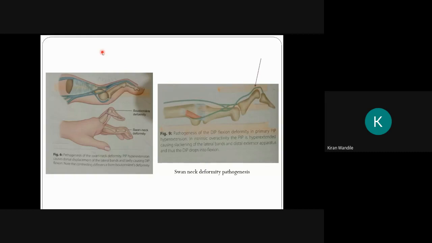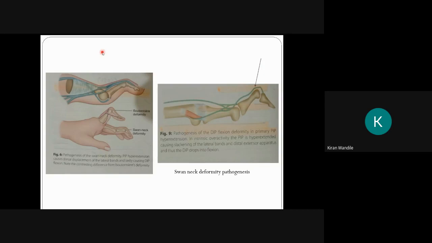The primary function of the intrinsic mechanism is they flex the metacarpophalangeal joint and extend the interphalangeal joint, the PIP joint. So when there is a contracture of the intrinsic mechanism in rheumatoid arthritis, it is hyperactive, and when it becomes hyperactive, it again pulls the PIP joint into hyperextension.